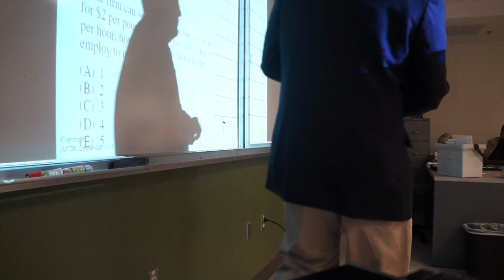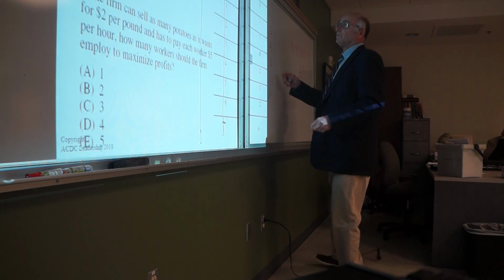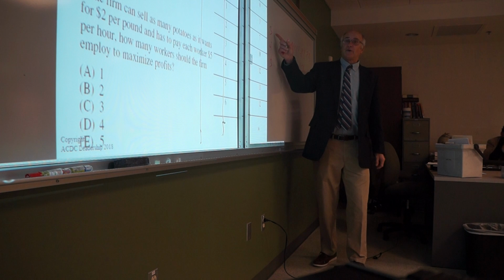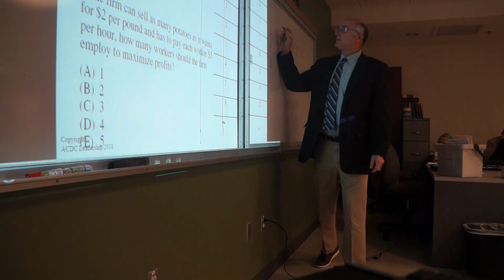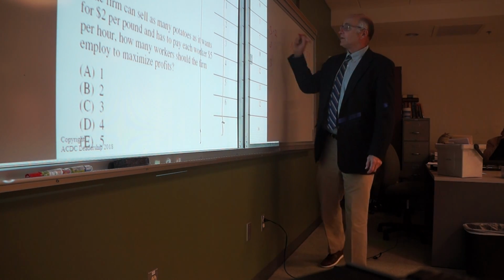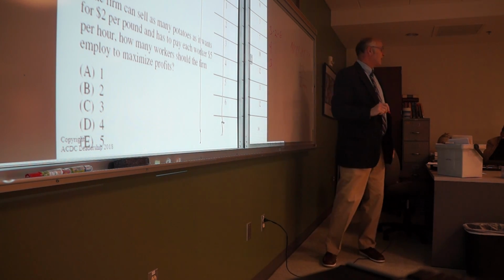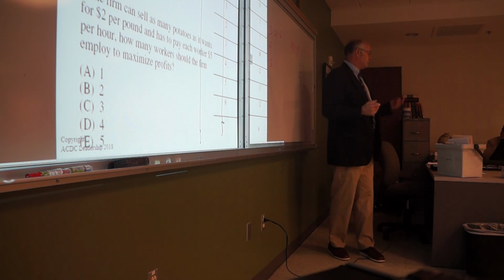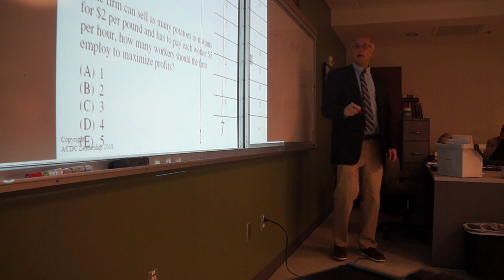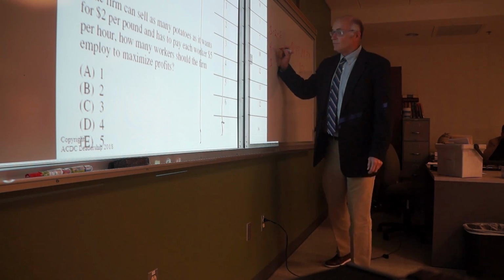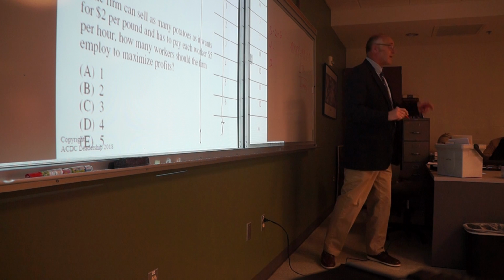Okay. Now, we've got, the first guy could do 3, right? He's getting $2 a pound. He's bringing in 6. How much are we paying him? 5. Worth it? Okay. Barely. But rather make $1 than lose $1, right?